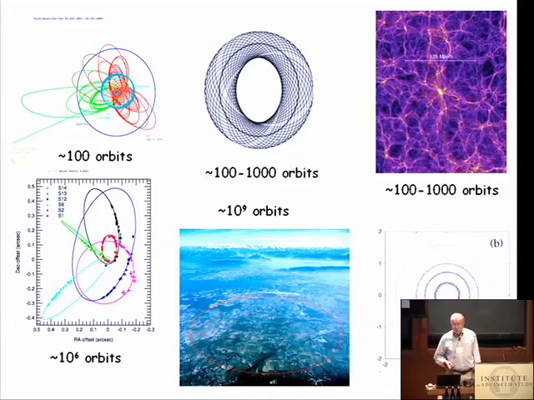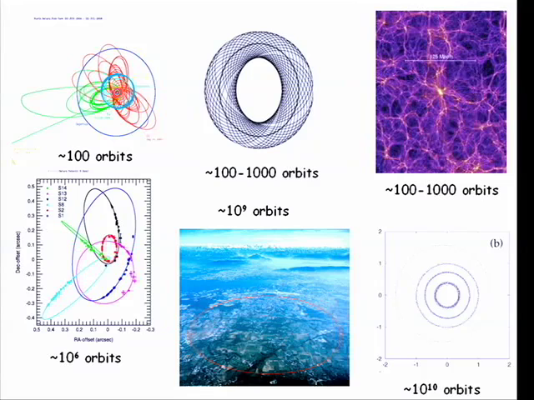Obviously, there are huge differences in the different problems that I've mentioned. Probably the most basic one is the number of orbits that you have to calculate. For something like Cassini, you only need to do maybe a few hundred orbits. In galactic structure, you need typically 100 to 1,000 orbits.